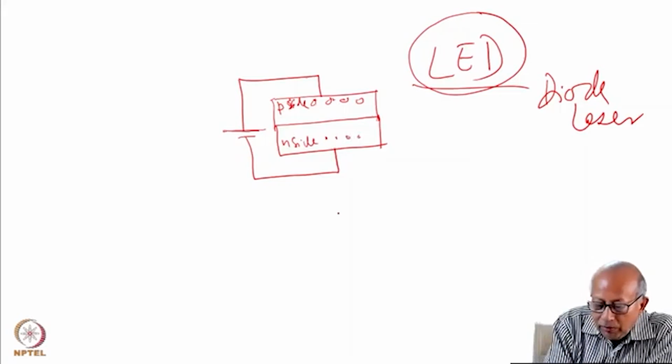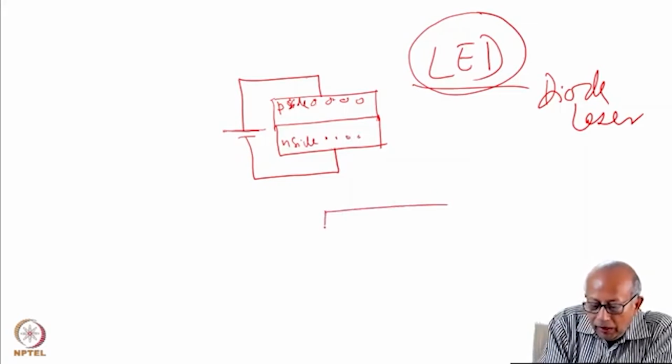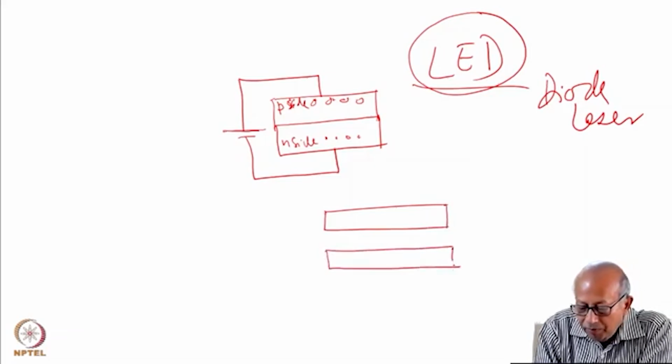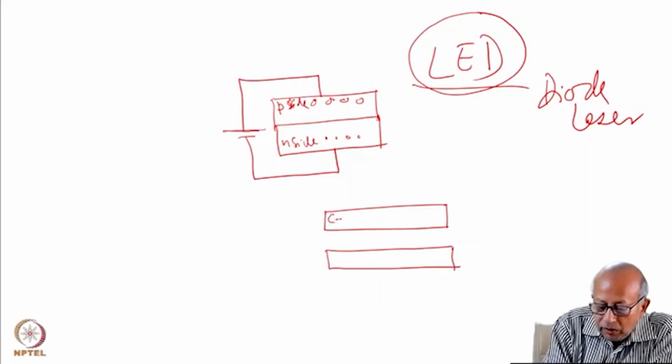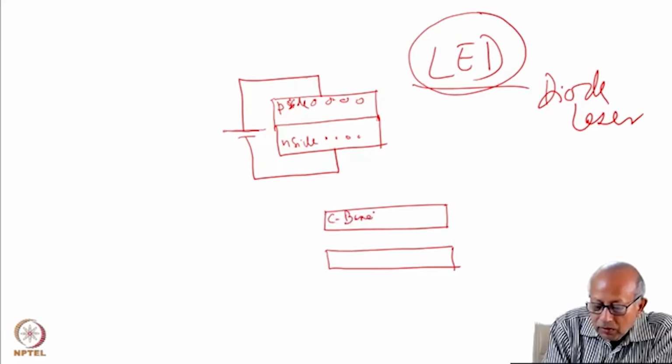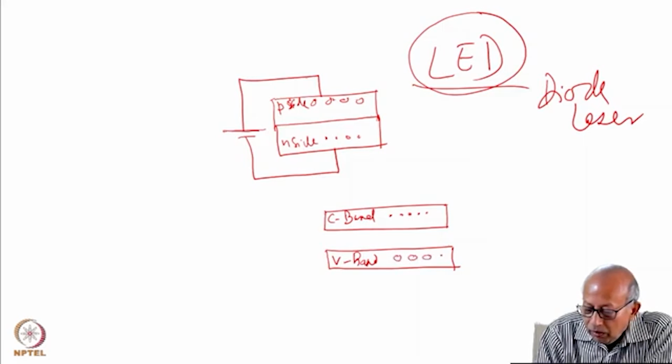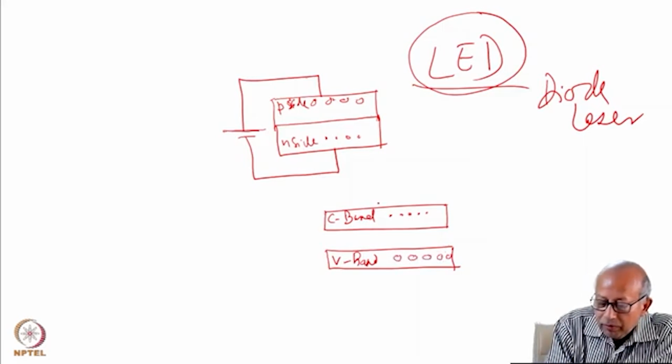So basically what happens, the electrons appear, so this is the conduction band and this is the valence band. So electrons appear in the conduction band and the holes appear in the valence band.